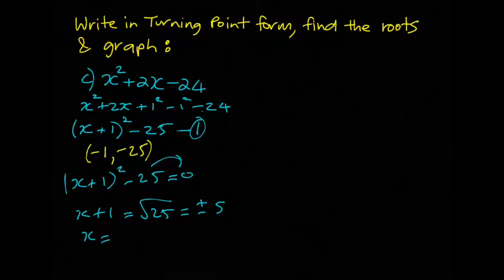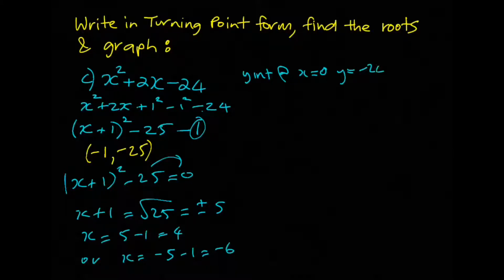So x equals 5 minus 1 equals 4, or x equals -5 minus 1 equals -6. Now let's find the y-intercept. So y-intercept at x equals 0, y equals -24. So that's this value here.